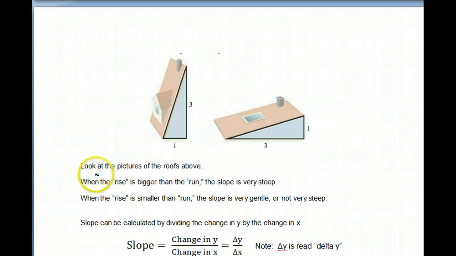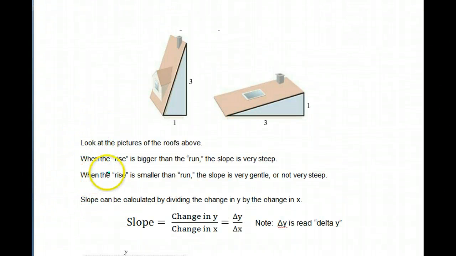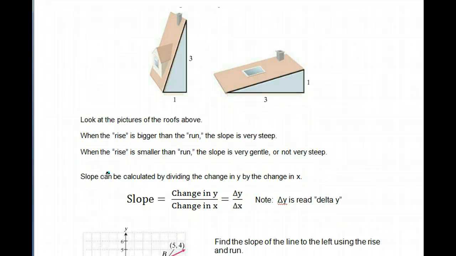So we can just look at the pictures of the roofs that we have here. When the rise is bigger than the run, we say that the slope is very steep. So you can picture this by thinking about a rooftop that's very, very steep.